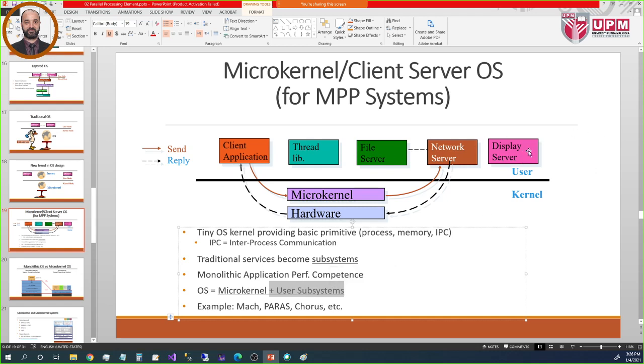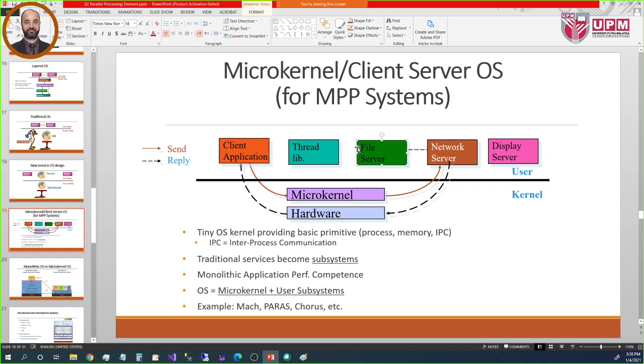Maybe we have one server running an Oracle database on Linux, another server running Microsoft SQL database on Windows Server, and an FTP server using, for example, VMware or Linux or Unix, and maybe other types of servers.